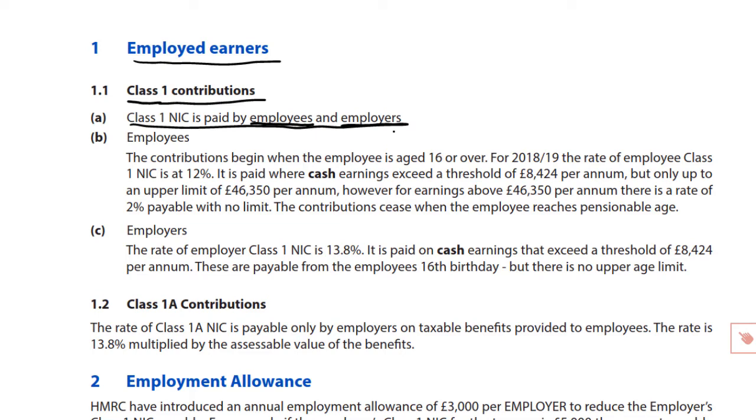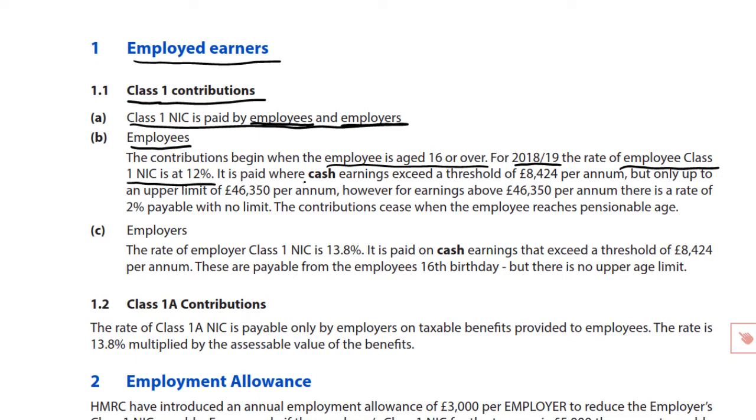So how do we calculate them? Firstly, for employees here. Contributions begin when the employee is age 16 or over. Clearly our employee will be. And for 2018-19, the rate of employee Class 1 NIC is 12%, or, as we'll see as we go through this paragraph, the main rate is 12%.